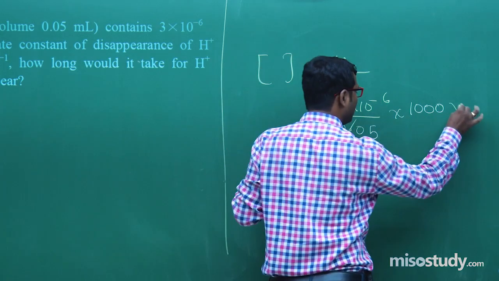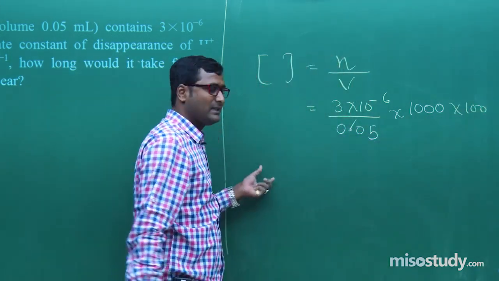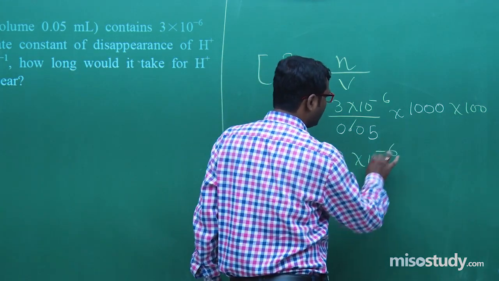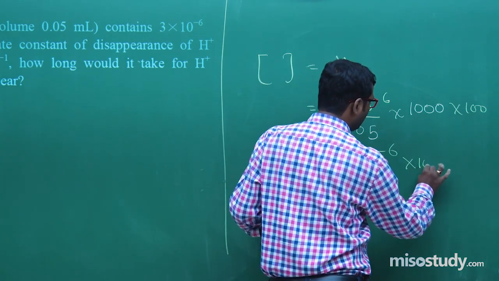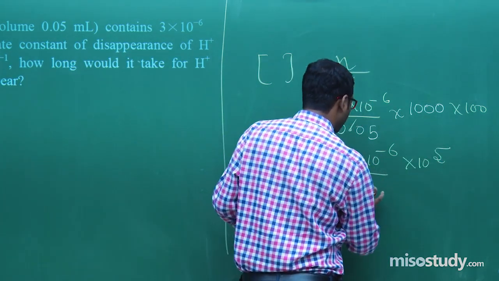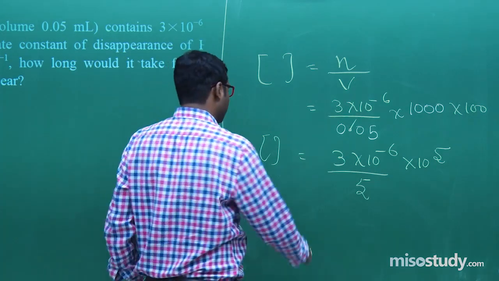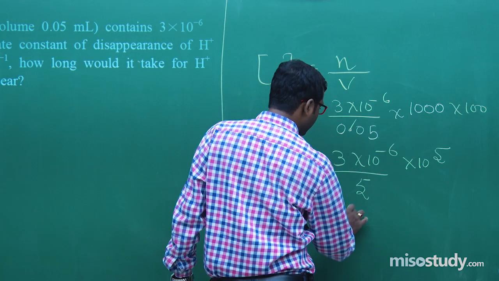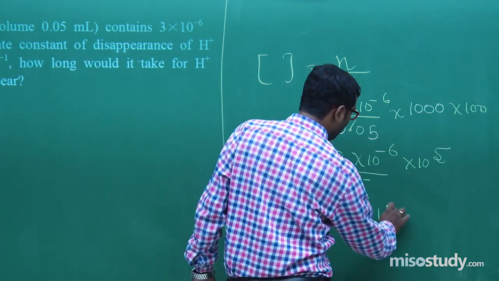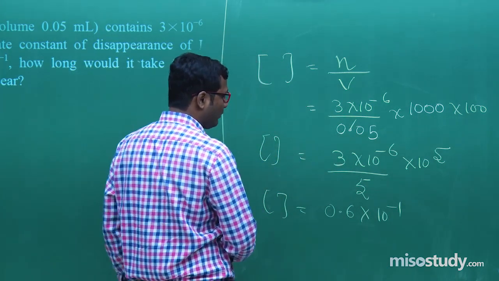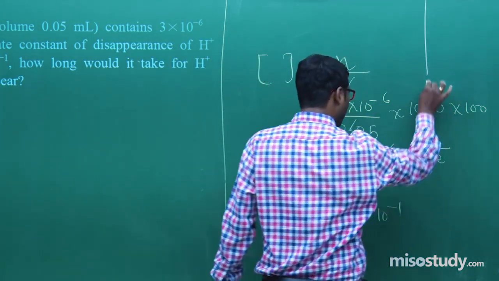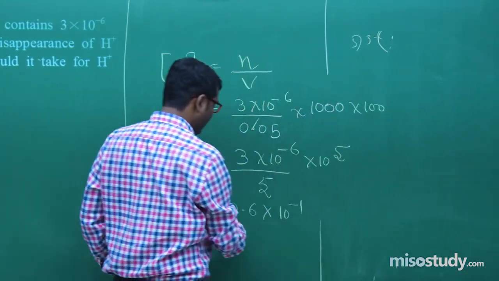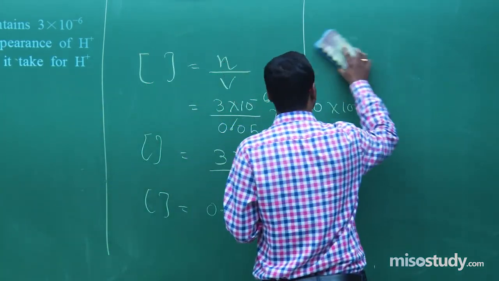Now the concentration in this case is 3 into 10 to the power minus 6 into 10 to the power 5 upon 5. The concentration will be equal to 0.6 into 10 to the power minus 1. 3 by 5, you can write like this, 0.6.